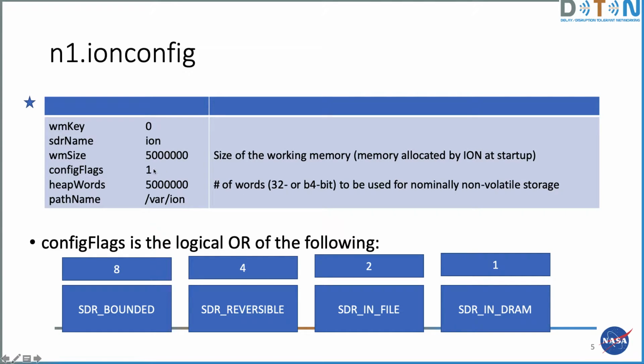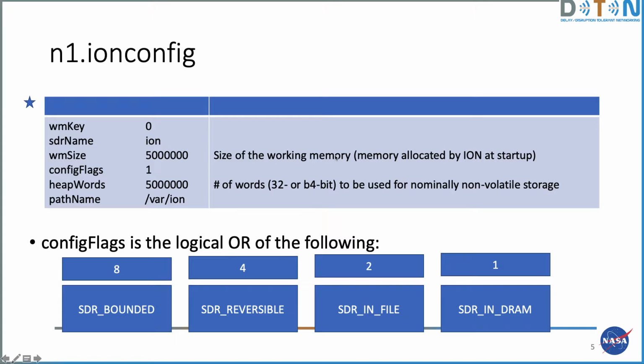So in this config, I've just set the config flag as 1, which means SDR in memory, nothing else. And that's really for performance. There's also this heap words setting down here, which is another memory allocation command. This is the number of words for non-volatile storage.